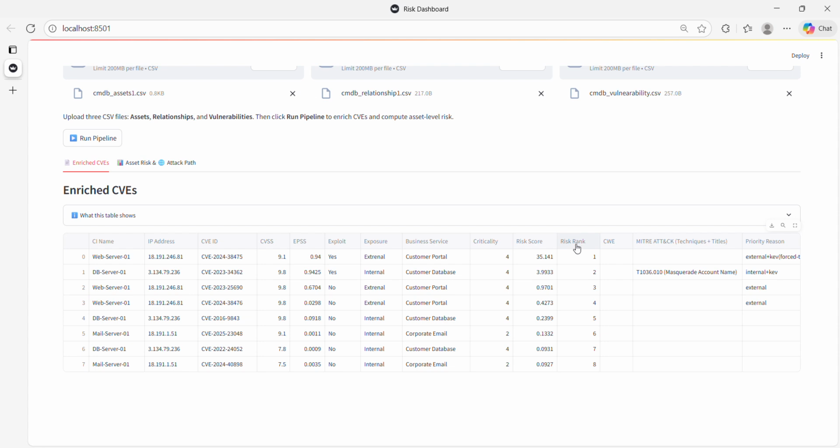So by looking at the risk ranking 1, 2, 3, 4, 5, the organization can take a better decision on which particular CVE needs to be patched first, even though there is a difference in the CVSS score risk. So this gives a clear picture to the organization on which particular CVE they need to consider and patch as early as possible. It not only provides this ranking, it also maps to the MITRE ATT&CK.